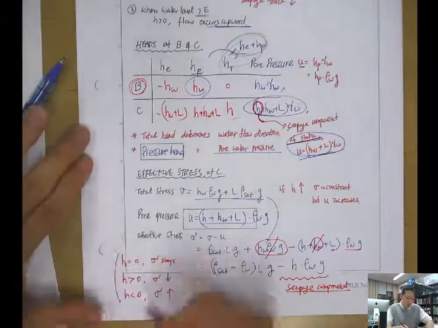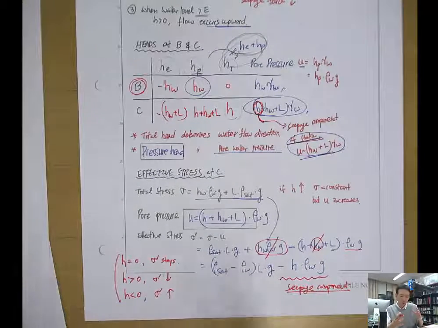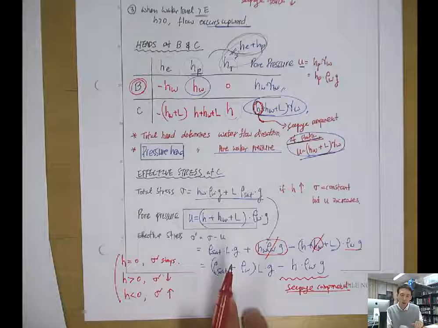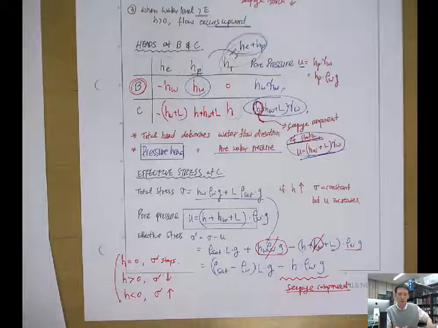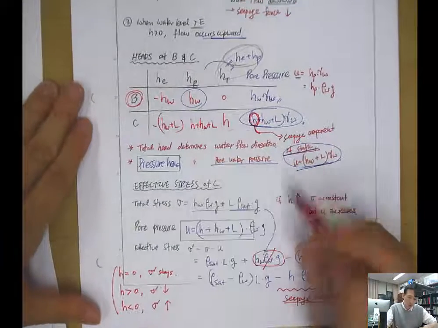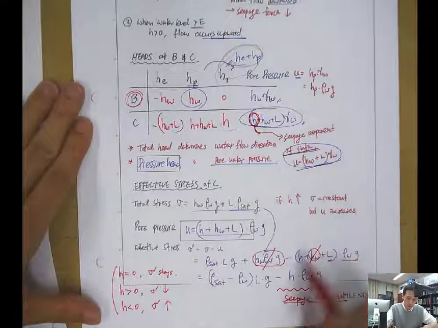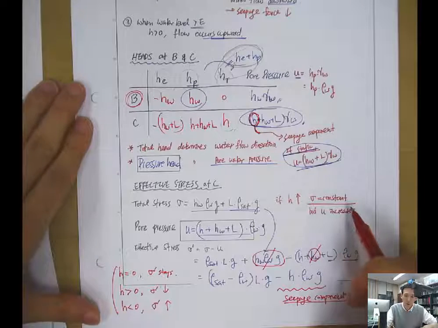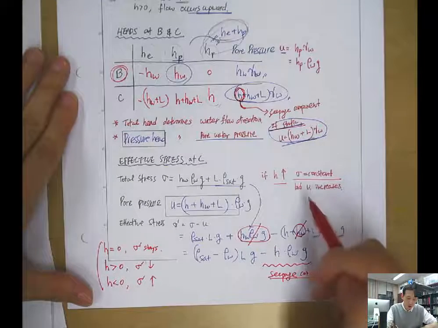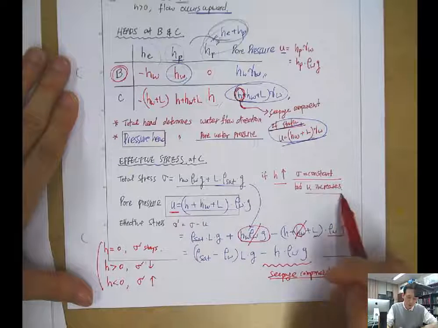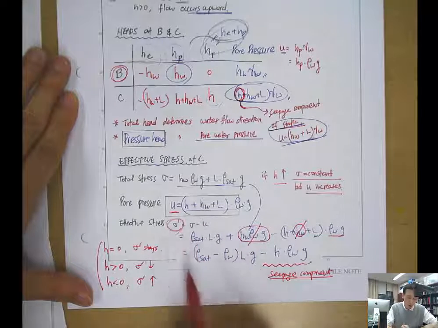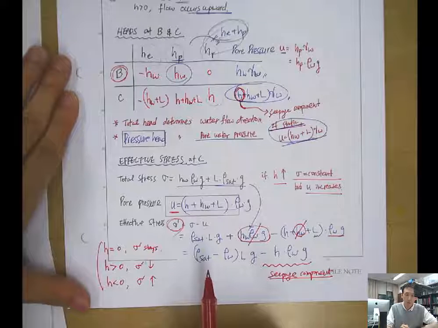Depending on the direction of the water, it will change the effective stress. In upward flow, effective stress decreases, and in downward flow, effective stress increases. If you have upward flow, as the head difference H increases, because the total stress is constant, the pore pressure increases with H, and at some point the effective stress can go to zero.